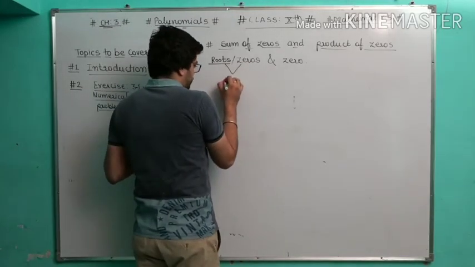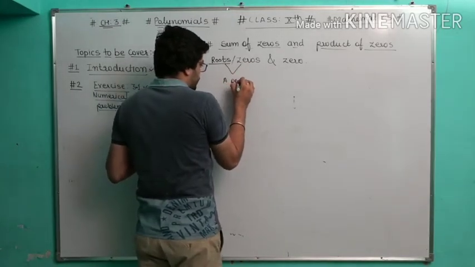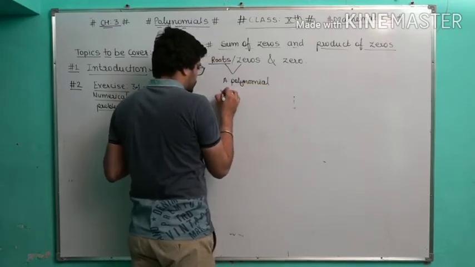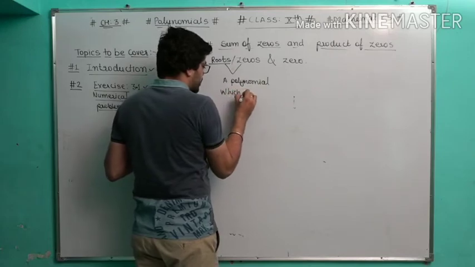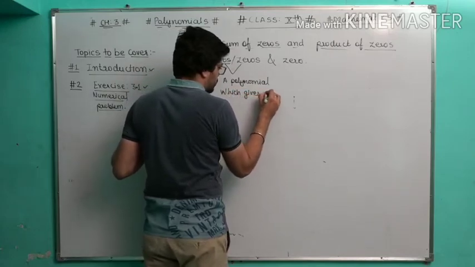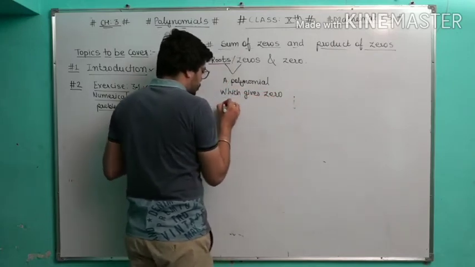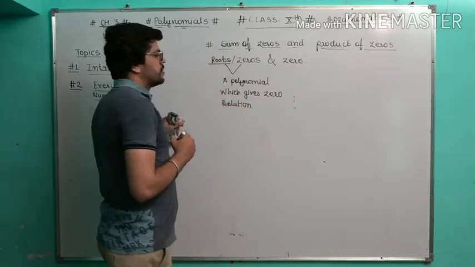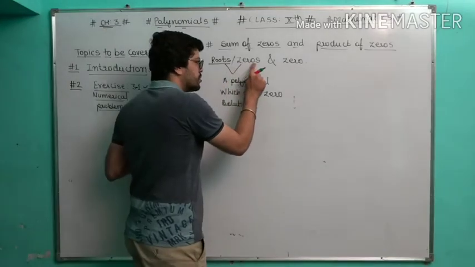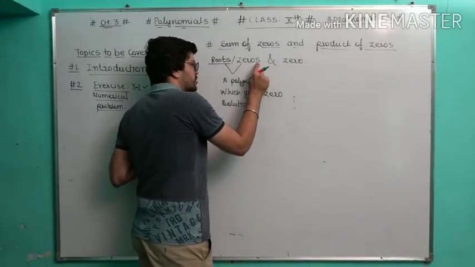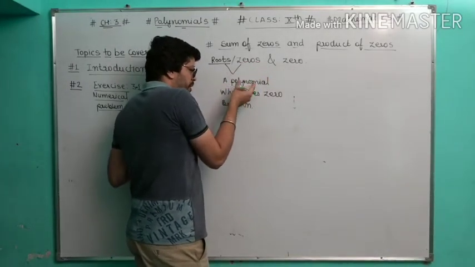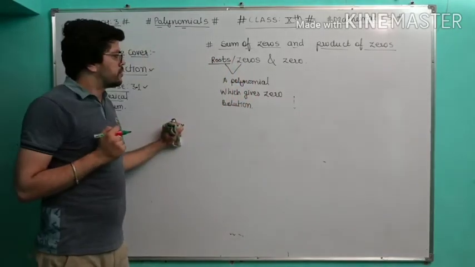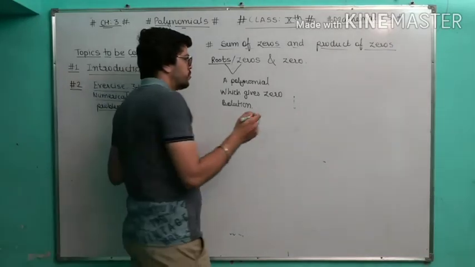Zeros means a polynomial which gives zero solution. It is called zeros, as for solution, zero solution. A type of polynomial which gives zero solution is called what? Roots or zeros. What is zero?